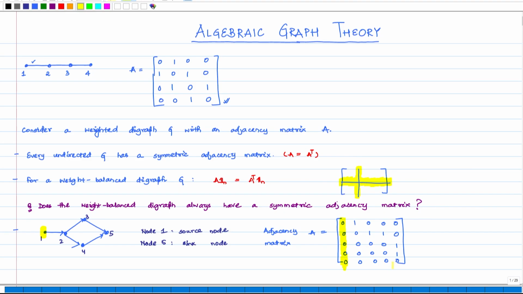Now again, let's look at the sink node and see if it satisfies any nice properties. The sink node is node number 5. Again, if you observe here, all of the entries of the row of a sink node are completely 0, meaning that if we look at the adjacency matrix and look at rows which are completely zeros, then we know that those are the nodes which are the sinks of a digraph.